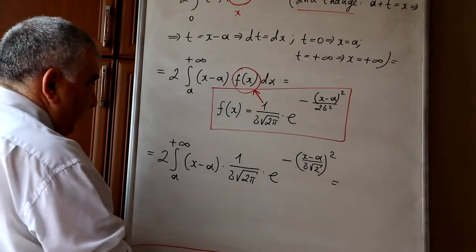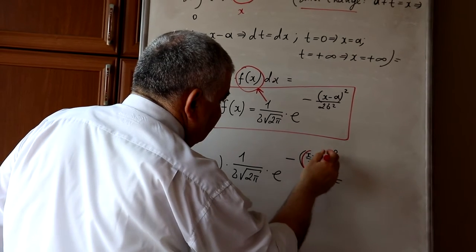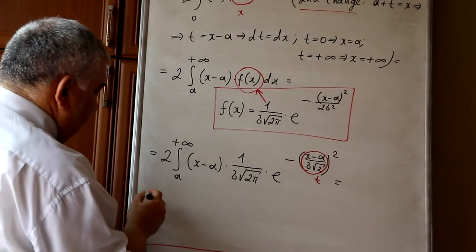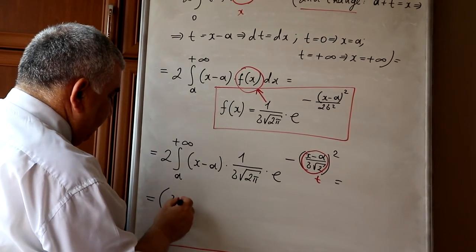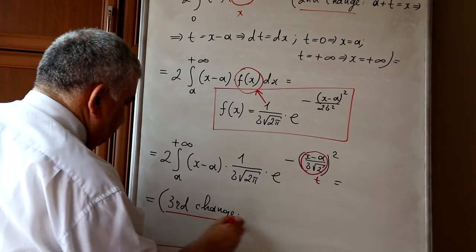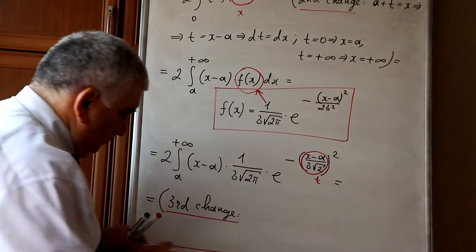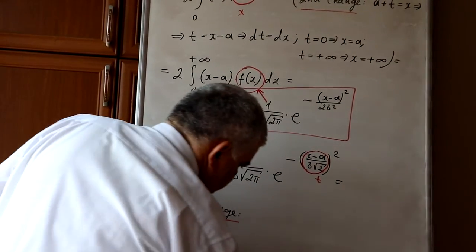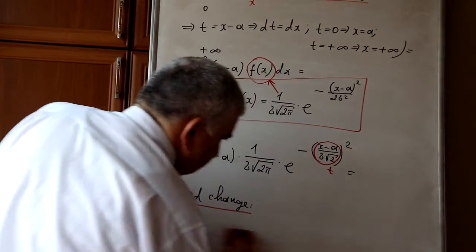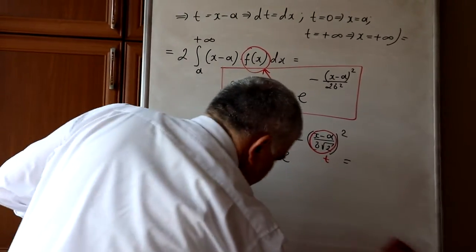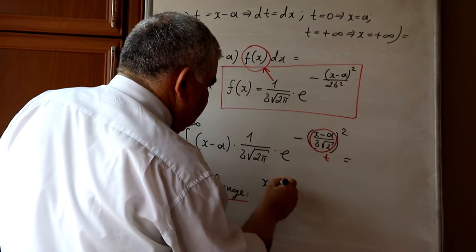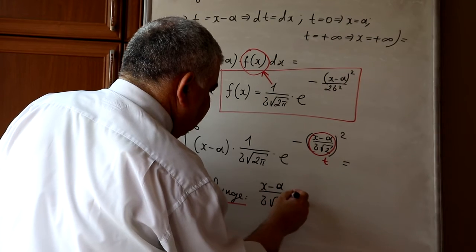Then change this base of the power by new variable t, and it will be the third change. x minus a over sigma square root of 2 is t.